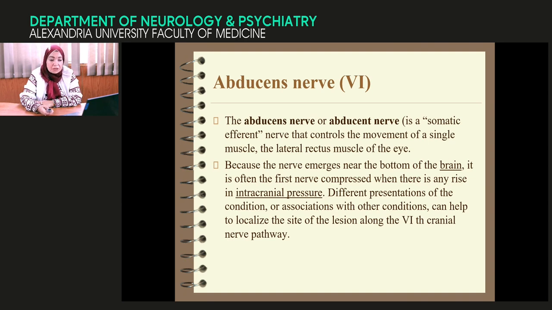Because this nerve emerges near the bottom of the brain, near the brain stem, it is often the first nerve compressed when there is any rise in intracranial pressure. Different presentations of the condition, or association with other conditions, can help to localize the site of the lesion. Because it has a long pathway, it is easily affected by anything. Because of that, it is a non-localizing sign, and we must see the other associated symptoms to differentiate where the lesion is.